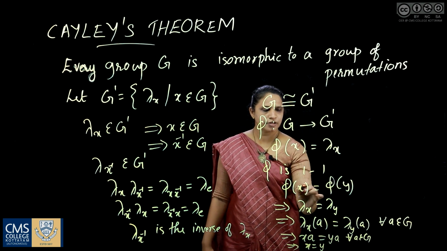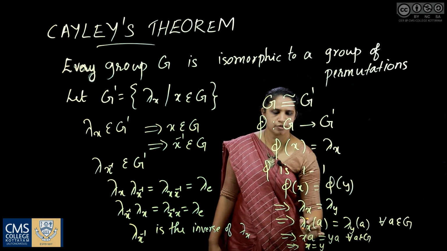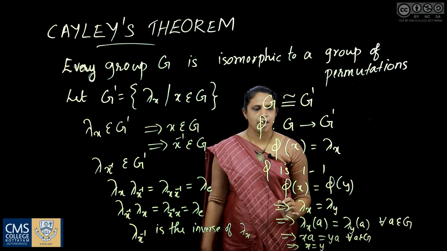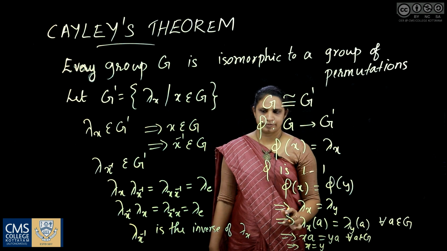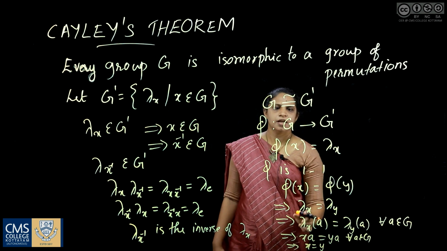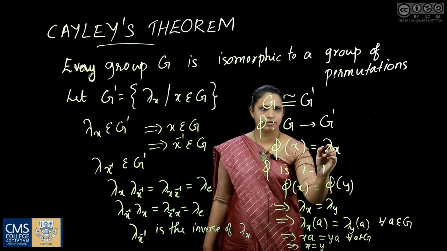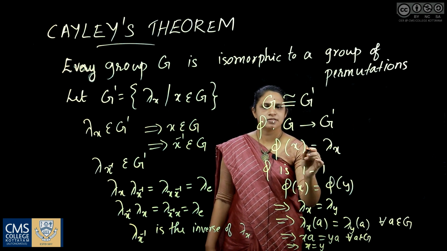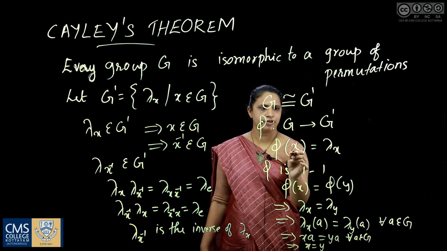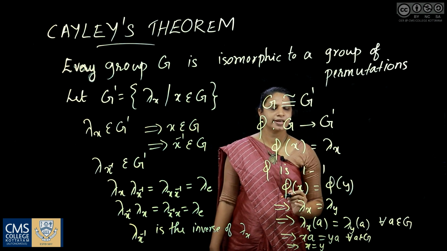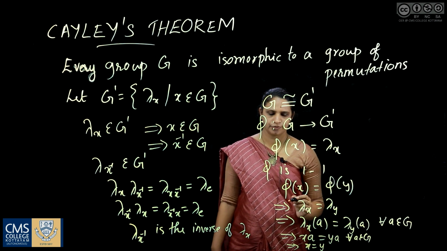So, we have phi of x equal to phi of y implies x equal to y. That means the mapping phi is a 1-1 mapping. Clearly, corresponding to every λx belonging to G dash, there exists x belonging to G such that phi of x equals λx. So, clearly this mapping is onto.